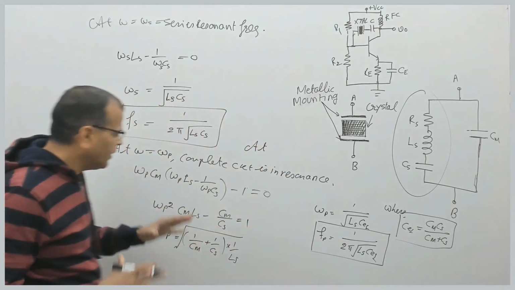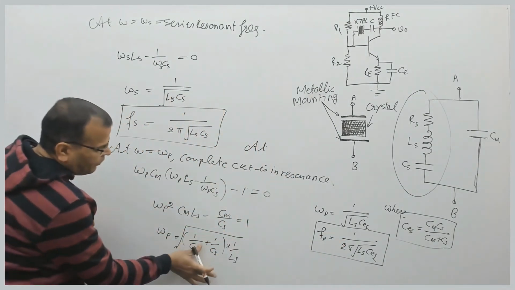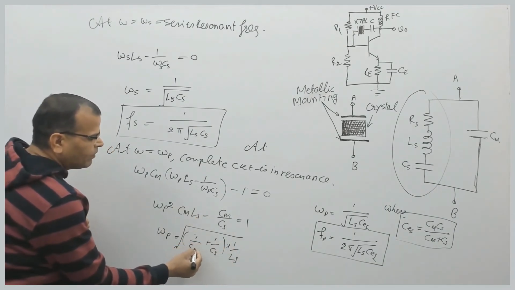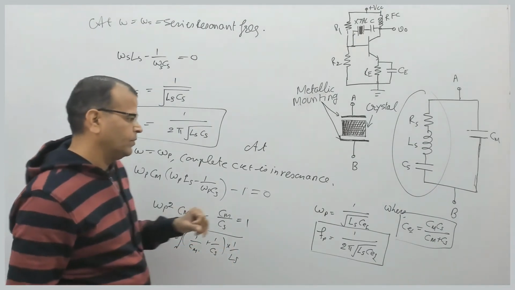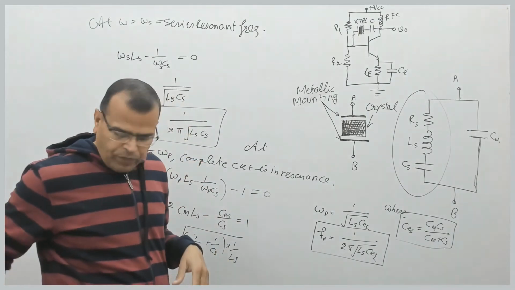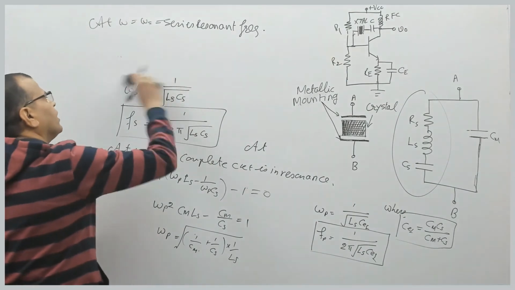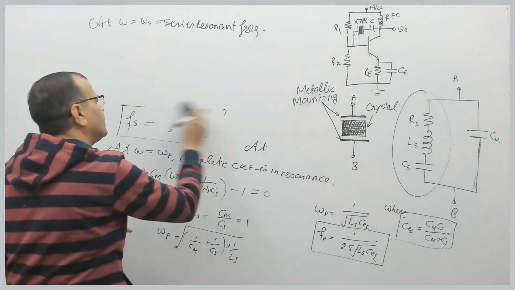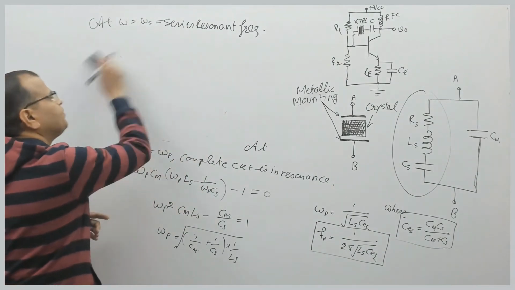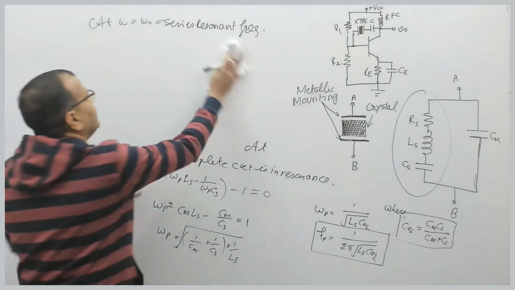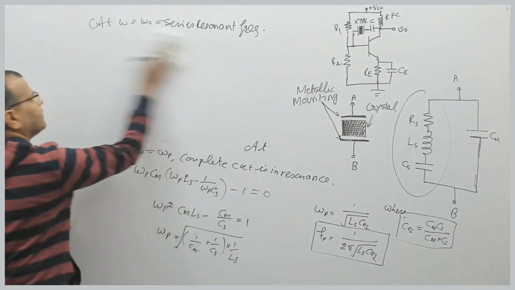Now please see it carefully. If this were not there, I would have 1 by root LC, so I have some additional term. I'll try to modify the equation for the parallel resonant frequency a little further.